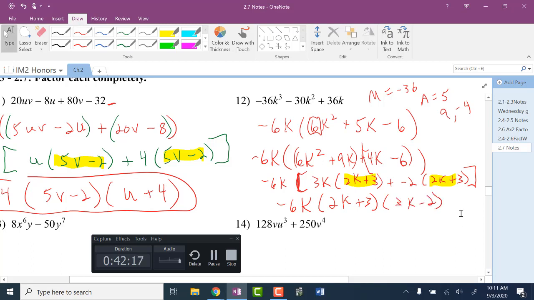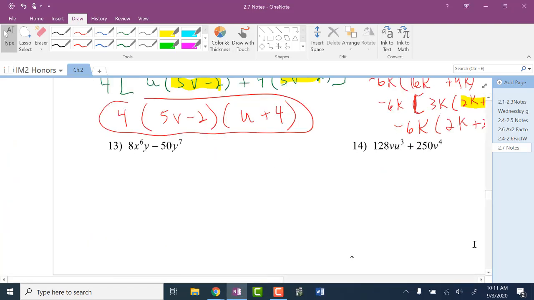All right. Going to continue. Ooh, 8, no, 4? 4 goes into 52. I think I only have a 2. And, oh, a y. That leaves me 4x to the 6th minus 25y to the 6th.